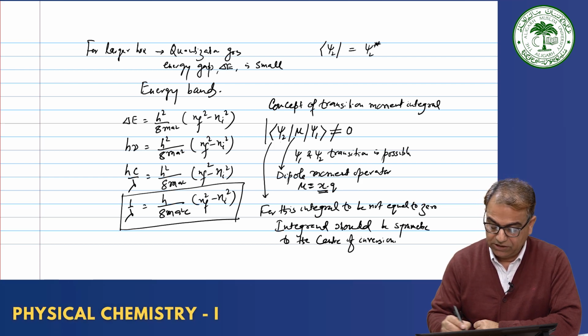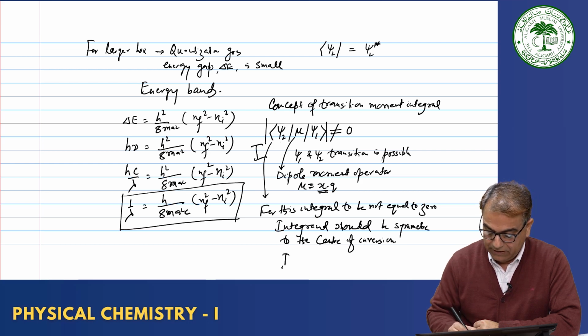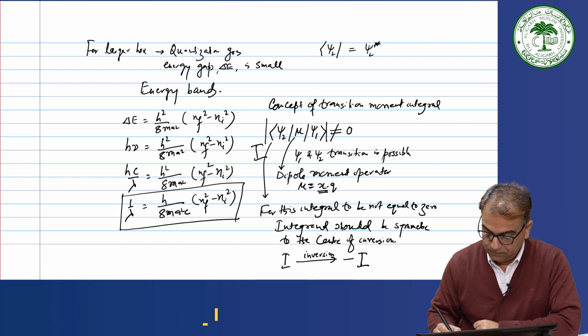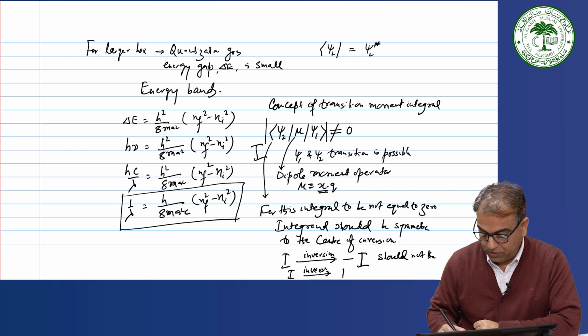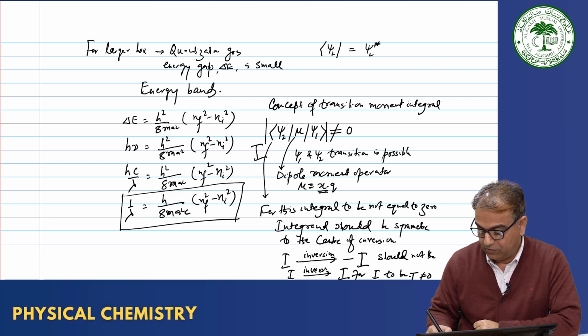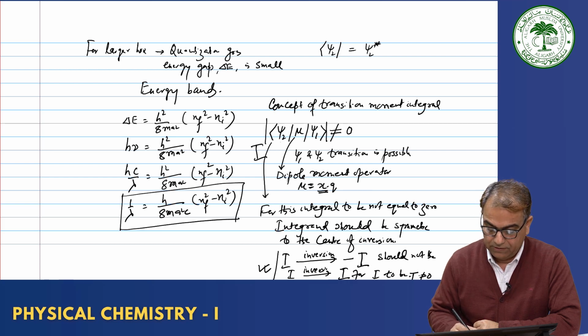It means if I show this integral as I, then I on inversion should not be equal to minus I. Rather, I on inversion should be equal to I for I not equal to 0. This should be the case, okay.